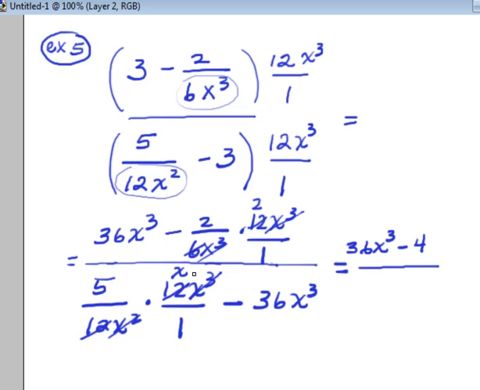And then the denominator 5x minus 36x cubed. And that's our simplified result.